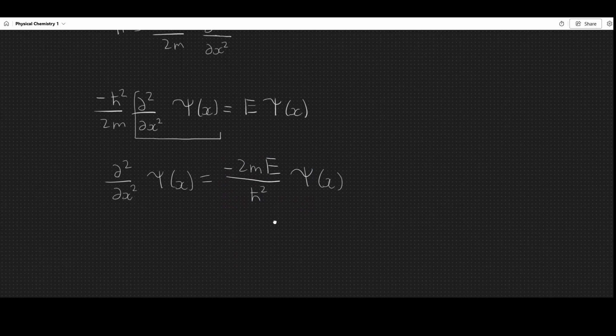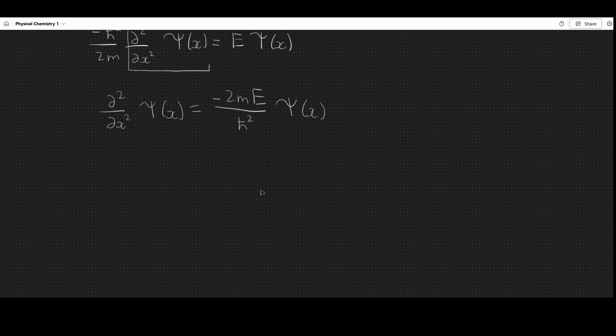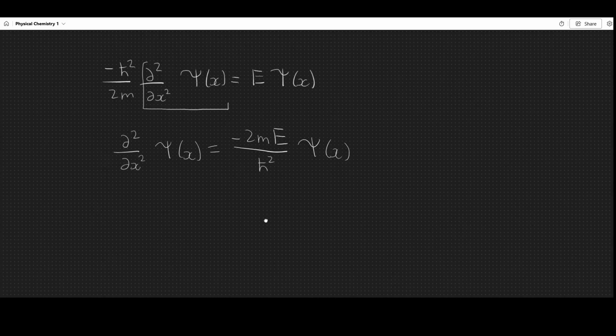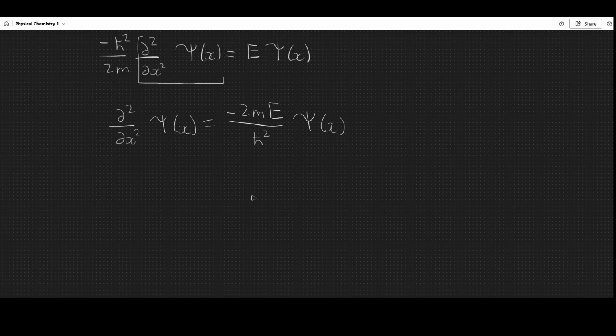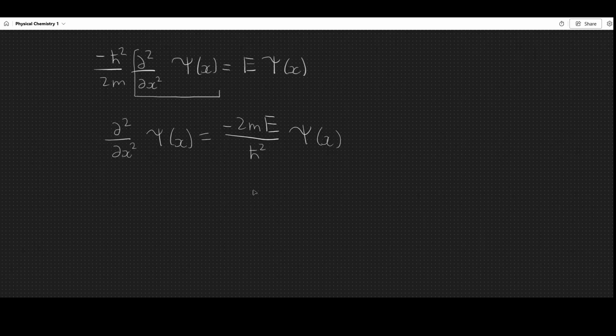Okay, so where do we go from here? Well, it seems like this equation is impossible to solve, analytically at least, because we have a psi of x here, but that's a derivative, and then we have another psi of x here with these constants. So how do we solve this? Well, we can think about this intuitively.